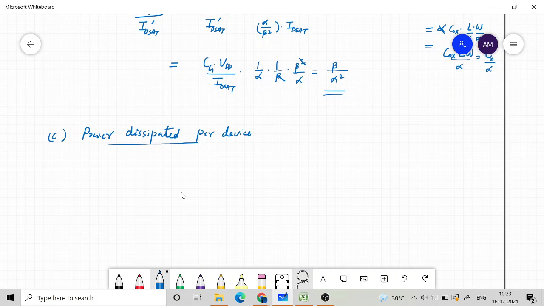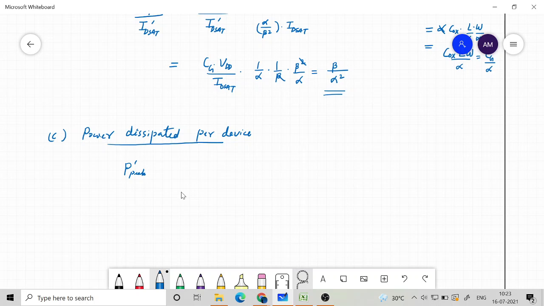So an estimate of power dissipated per area. There are different types of power. Right now we are not bothered about all the different types of power. So here what we are going to do is the peak power.